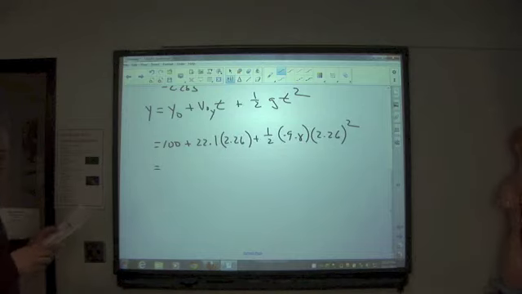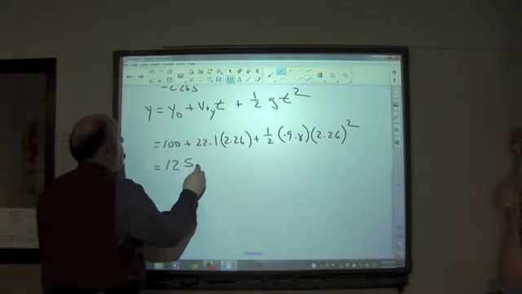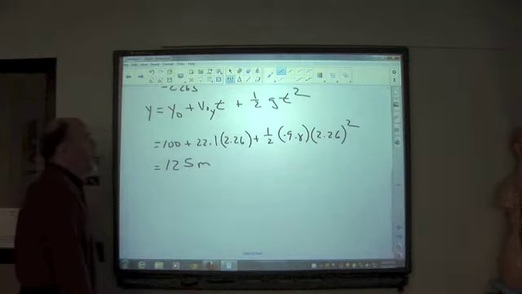And we plug all that in, and this number comes out to be 125 meters at max height.